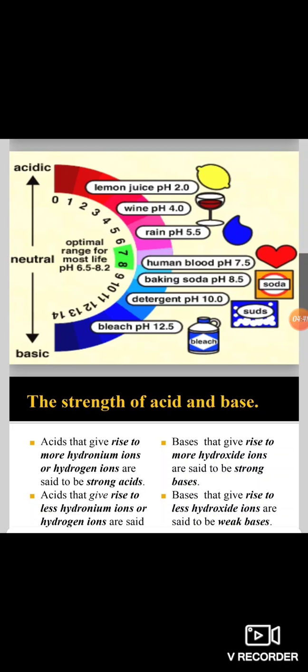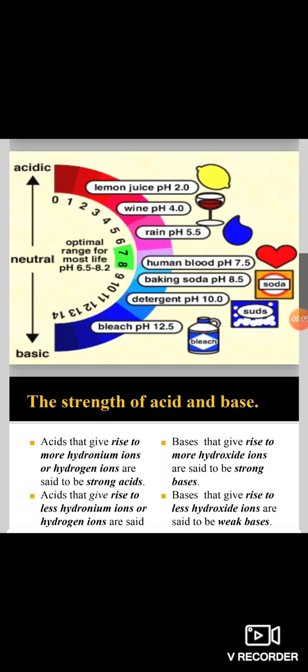And tomato juice. The color of the pH paper is yellowish green, the pH value is 4.1, so it is acidic. And tap water. The color of pH paper is green and the approximate pH value is 6.5, so it is acidic.